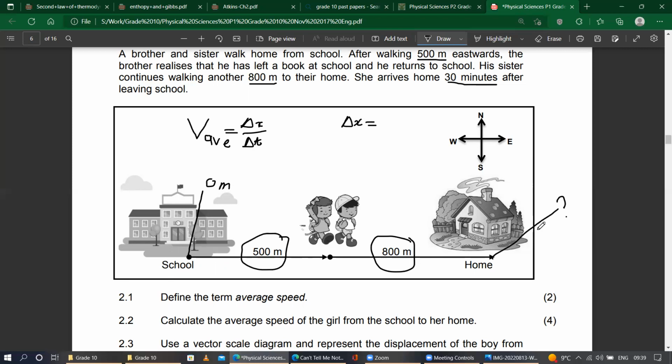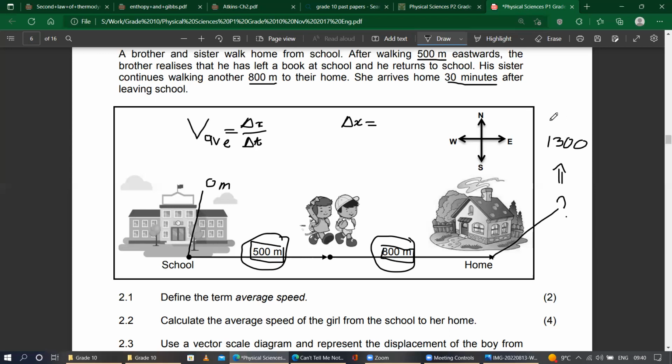And then from school to home, that's 500 meters plus 800 meters, so it's going to give us 1,300 meters.